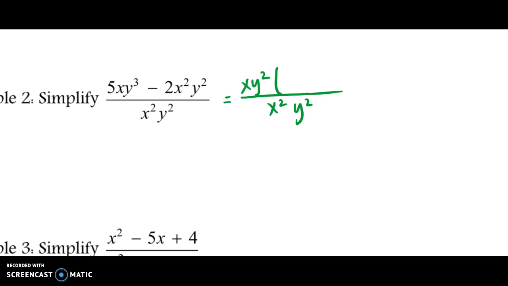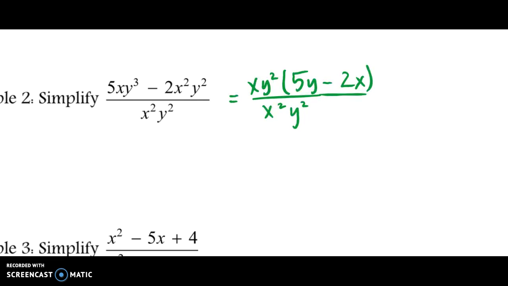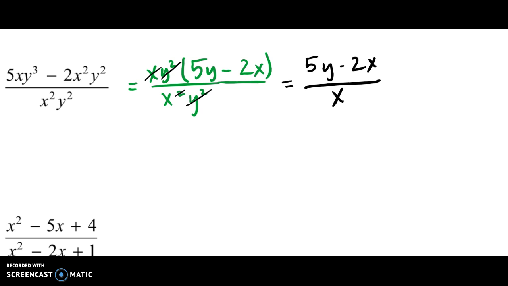If I take out x y squared, that leaves me with 5y minus 2x. Now we have common terms at the top and the bottom, so we can cancel those out. We have 1x, so we can take out 1x, and then we have 2 y's. So at the top we're left with 5y minus 2x, and at the bottom we just have x.